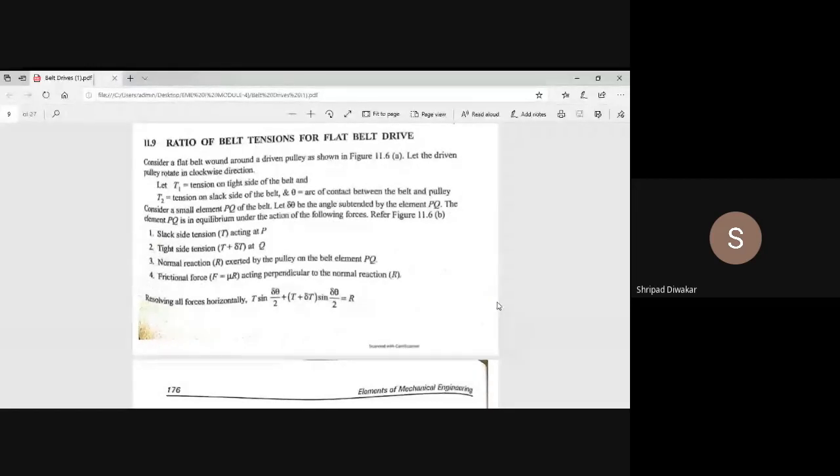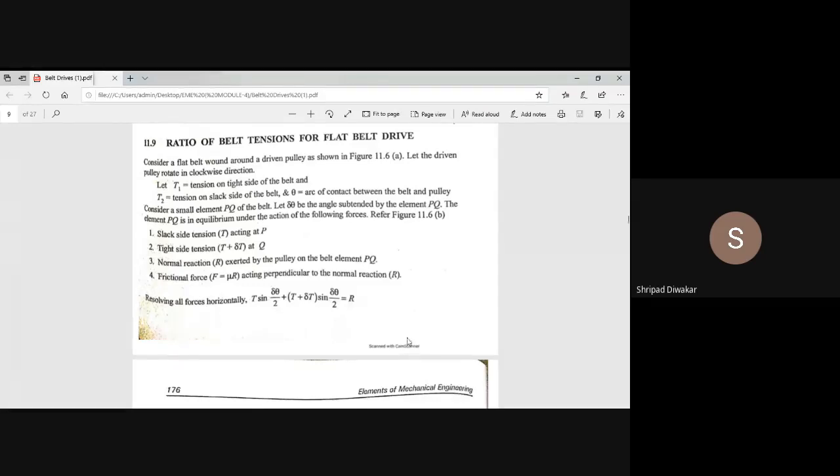One is the length of open belt drive, that we derived: L equals 2C plus pi into (R1 plus R2) plus (R1 minus R2) whole square divided by C. That is the equation for length of open belt drive.